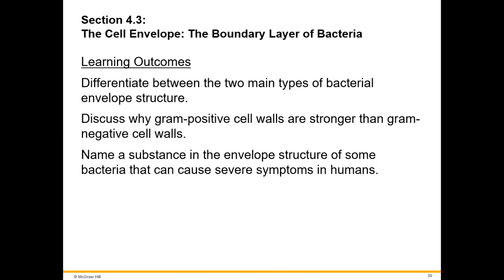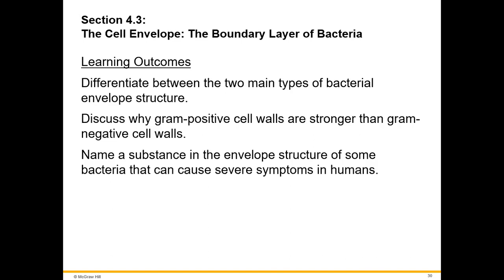Gram-negative bacteria have a thin cell wall. The gram-negative bacteria have this additional structure called a lipopolysaccharide layer. That layer also has a virulence factor, a non-specific O protein in the lipopolysaccharide. Gram-positive cell walls are stronger because they are thicker.